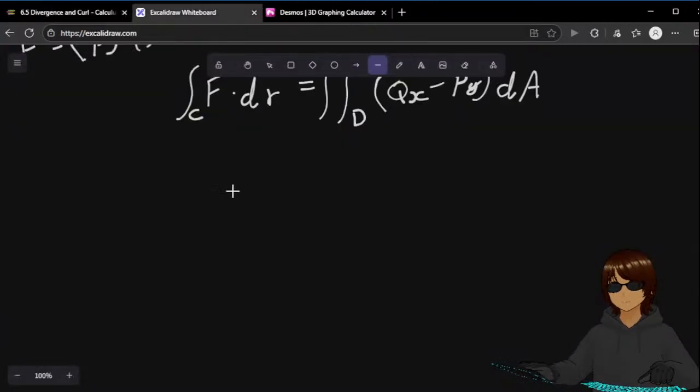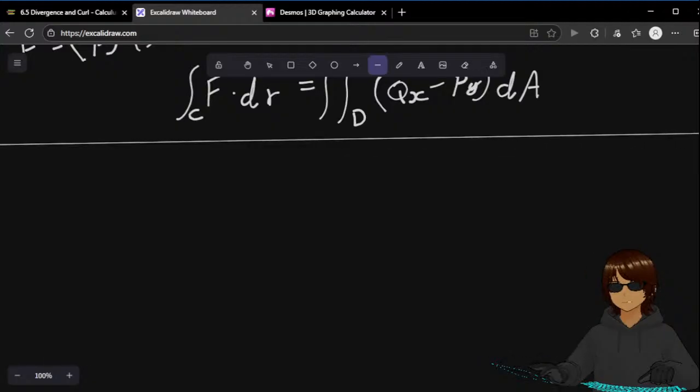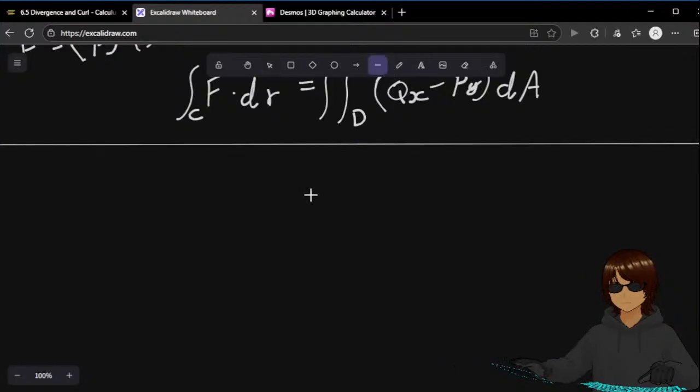Hold on. So for a vector field, let's say I have a two-dimensional graph here, and a vector field would define a bunch of vectors.